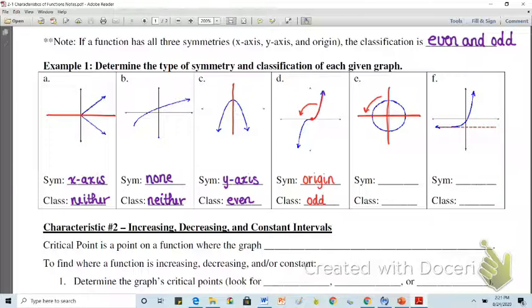So I could turn the whole thing 180 degrees and it would match up exactly. So this is the case that has all three. It has x-axis, y-axis, and origin. Which means for classification, it is both even and odd.